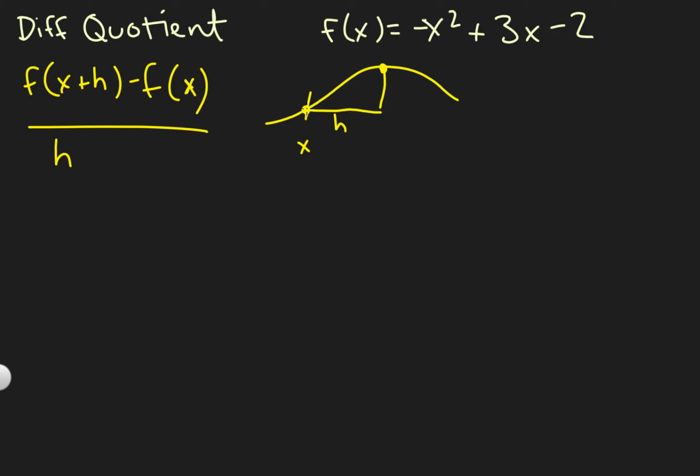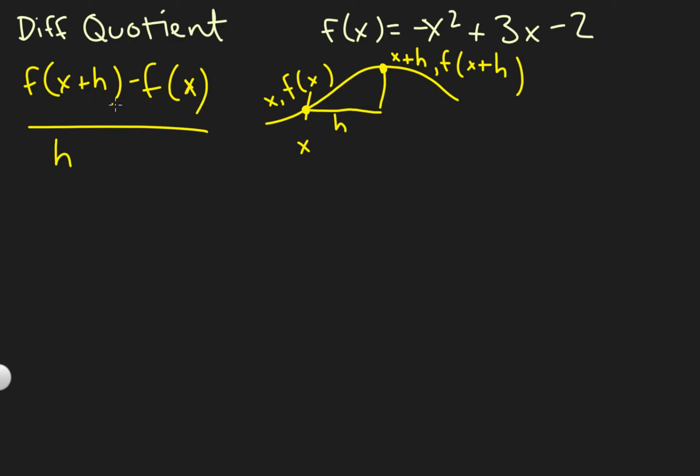So if you know that this is point x, f of x, this is going to be point x plus h, and f of x plus h. And then all you need to know is slope in order to get that formula. So again, you can look back at the previous video to understand where the difference quotient is coming from. This is for the algebra.